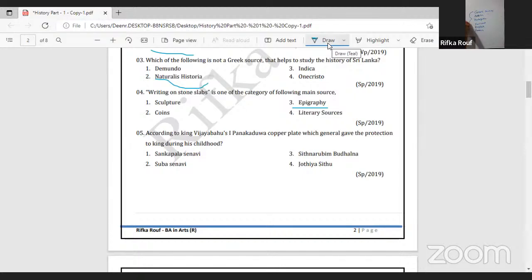So here, King Vijayabahu's Panakaduva copper plate belongs to whom? Sitnarubim Budalna. So he has another name. Can you tell me what is that other name of him? What is the other name of Sitnarubim Budalna?